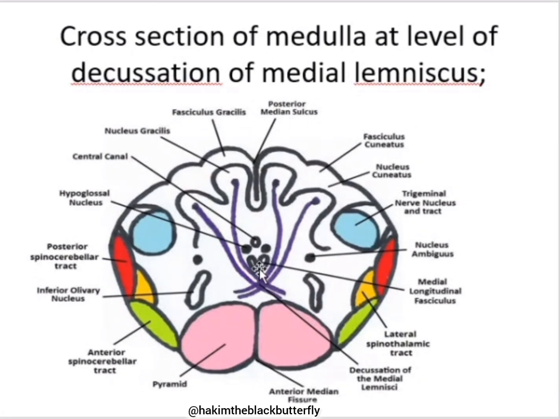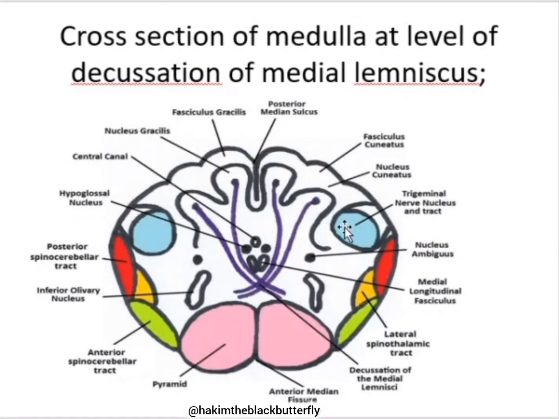Then these other tracts, what we call the medial longitudinal fasciculus. You're going to find out what the medial longitudinal fasciculus is, that tract. Then we have the hypoglossal nerve nucleus. The central canal is still there.